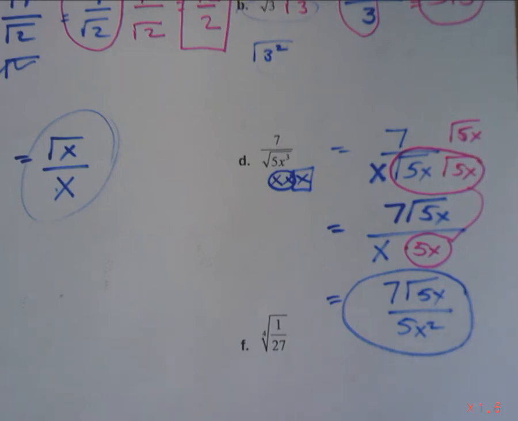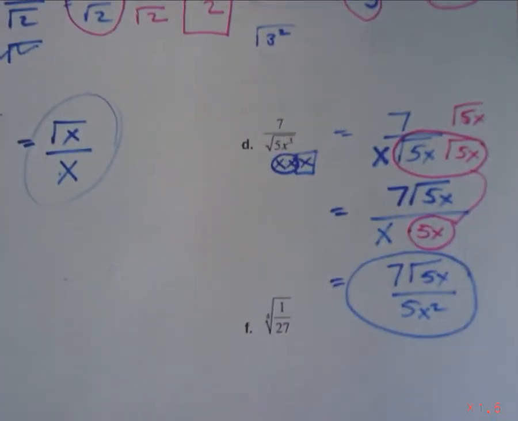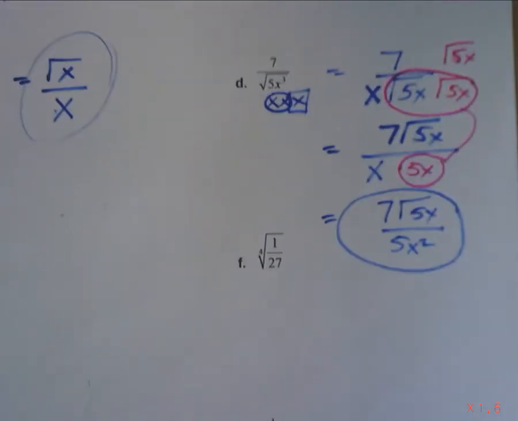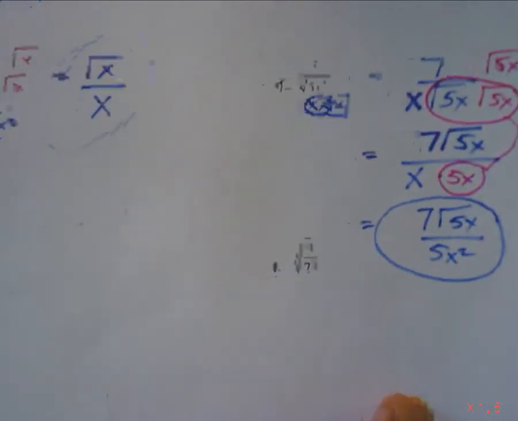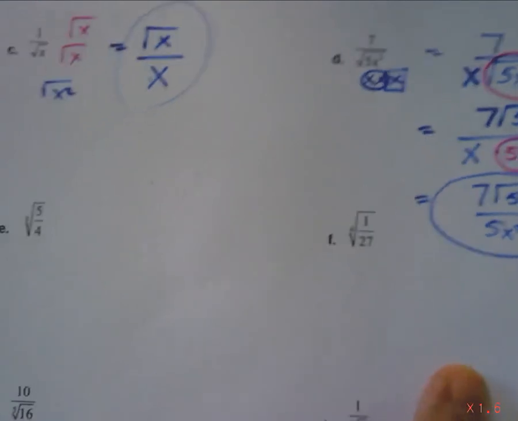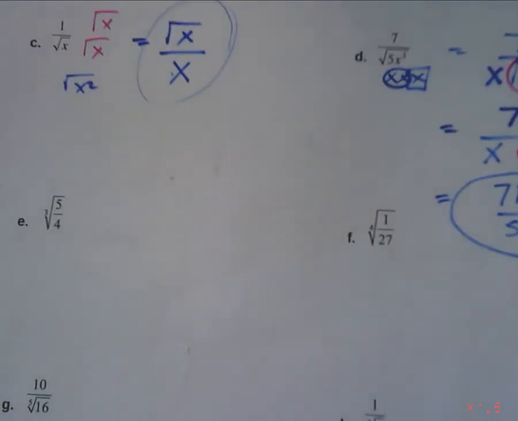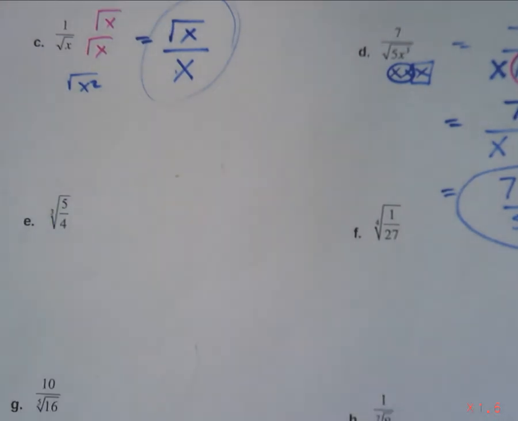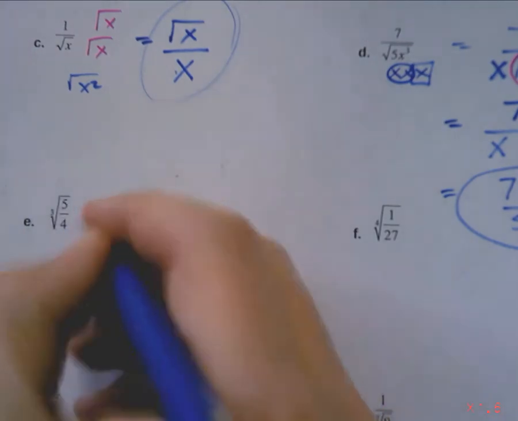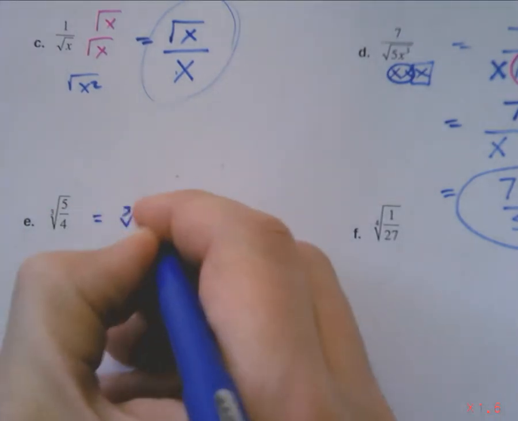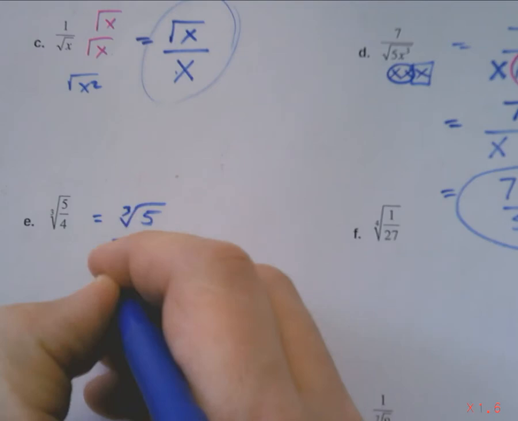All right, so let's work on what to do if you have a cube root or a fourth root. This is where it gets a little tricky, so I hope we're paying attention and writing notes down. If I take a look at E, I now have a cube root of 5 over 4. Well, that's the cube root of 5 and then the cube root of 4.